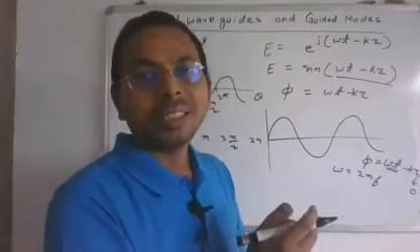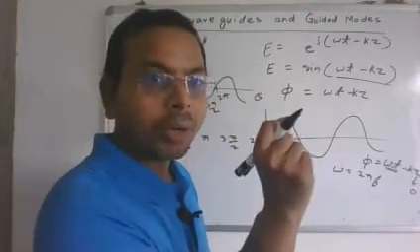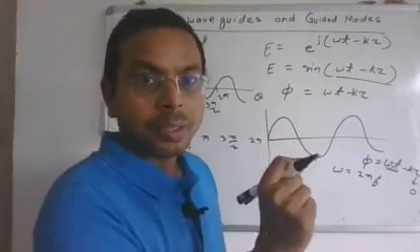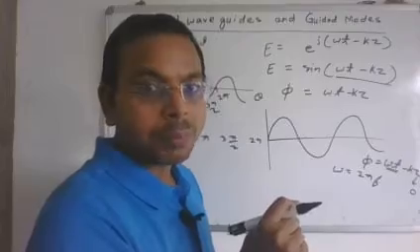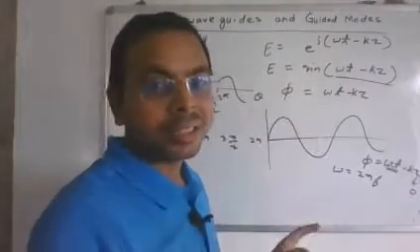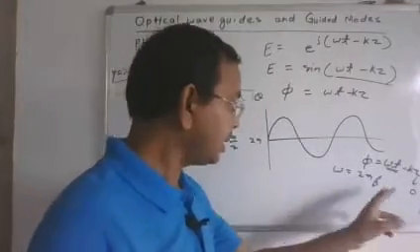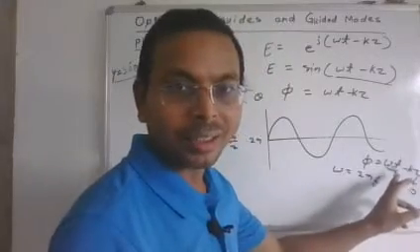So as time changes at any fixed point in space, the electric field magnitude will keep on changing as the phase changes. Why is the phase changing? Because time is changing.